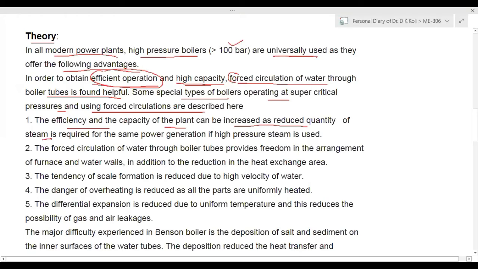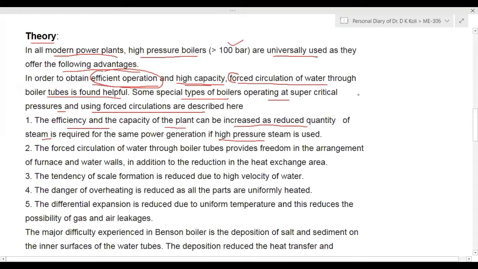If we use a boiler with good efficiency and capacity, then it requires a smaller quantity of steam to produce the same power generation. Because if the steam is generated at high pressure, then a small quantity of steam can be used for the generation of the same power.